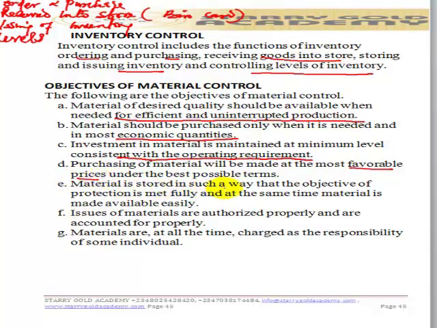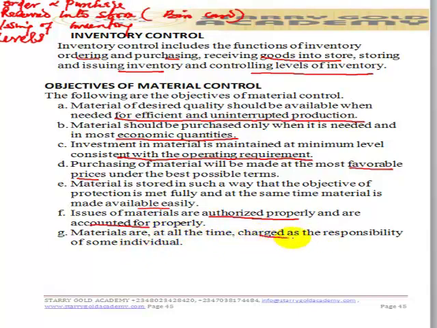Material is stored in such a way that the objective of production is met fully, and at the same time material is made available easily. So availability, issues of materials are authorized properly and accounted for. So objective here is to ensure authorization and accounting. Materials are all the time charged as the responsibility of some individuals.